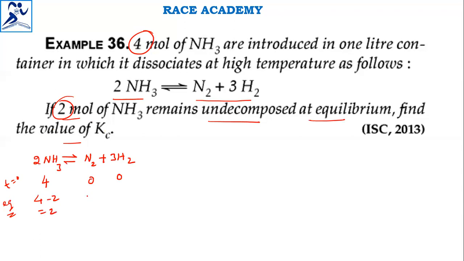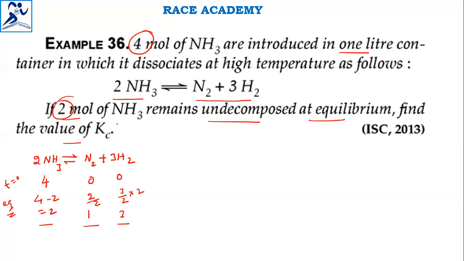The number of moles of ammonia will become 2, in a 1 liter container, very clearly. But this 2 moles is for 2 moles of ammonia in the given equation; now at equilibrium we have 2 moles. So N2 will become 2 by 2, that is 1, and 3H2 will become 3. That means equilibrium moles are 2, 1, 3.